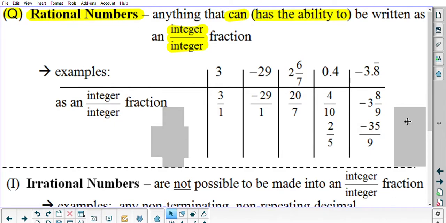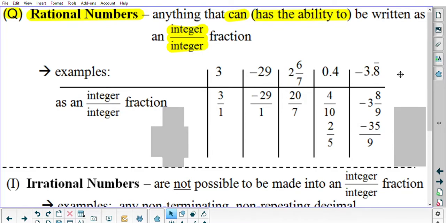So you might be sitting right now and asking yourself, well, my goodness, Mr. Underkoffler, are there any numbers that I can't write as an integer over integer fraction? Well, there are, but here's the secret. Most of the numbers that you've seen so far in your lifetime are pretty much these kind of numbers, aren't they?